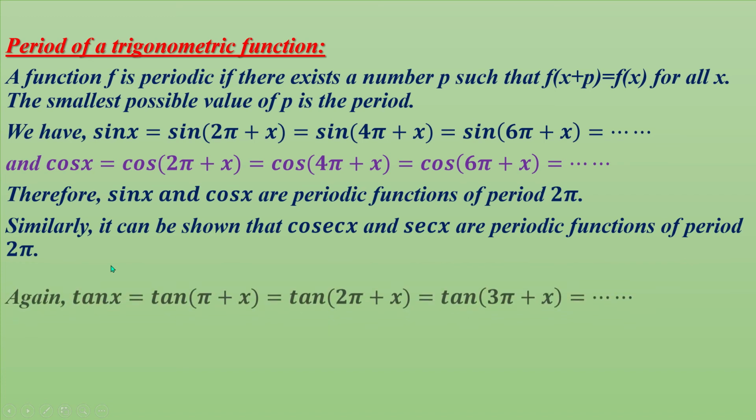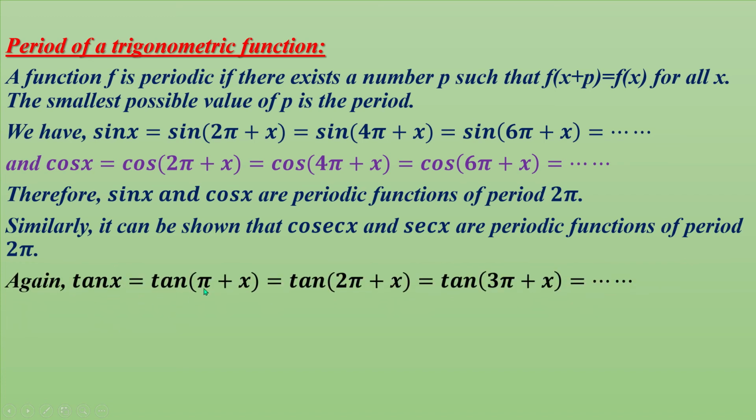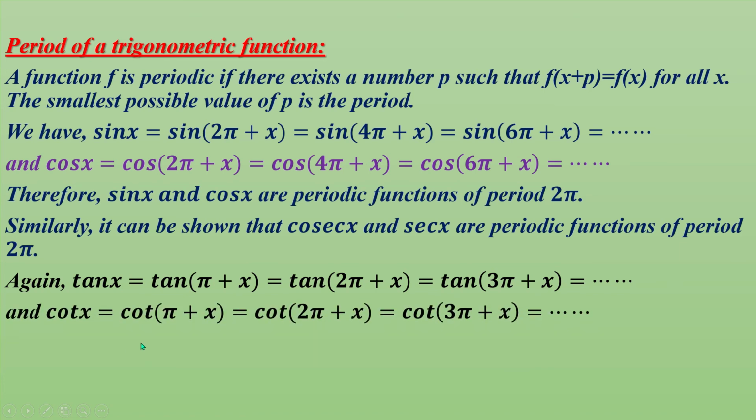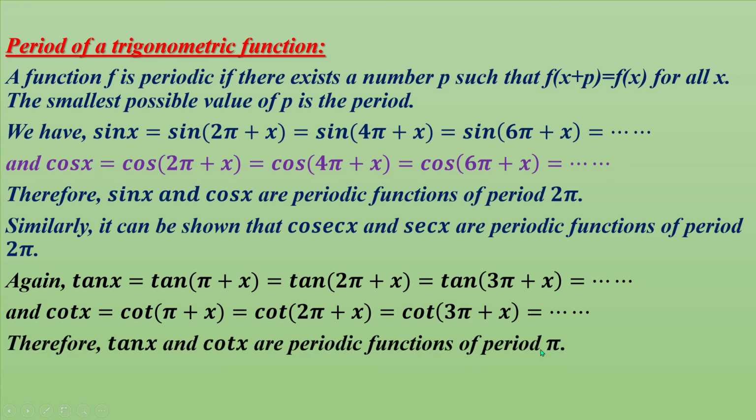Clear? Again, tan x equals this, and cot x also equals this. That means here the smallest value of p equals pi. So pi is the period of the functions tan x and cot x. Clear? And these are also important for MCQ, and this type of math we will have in the exam.